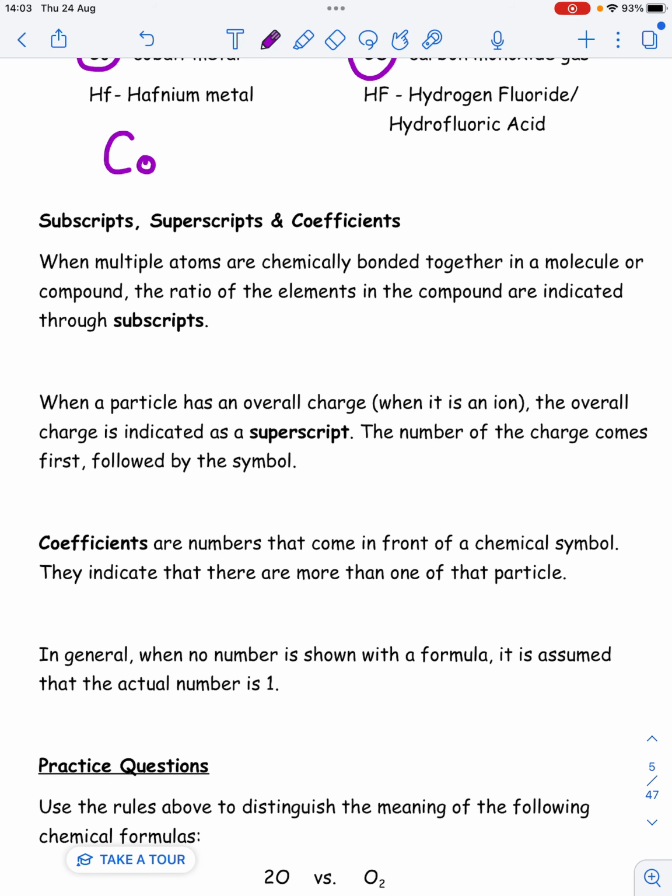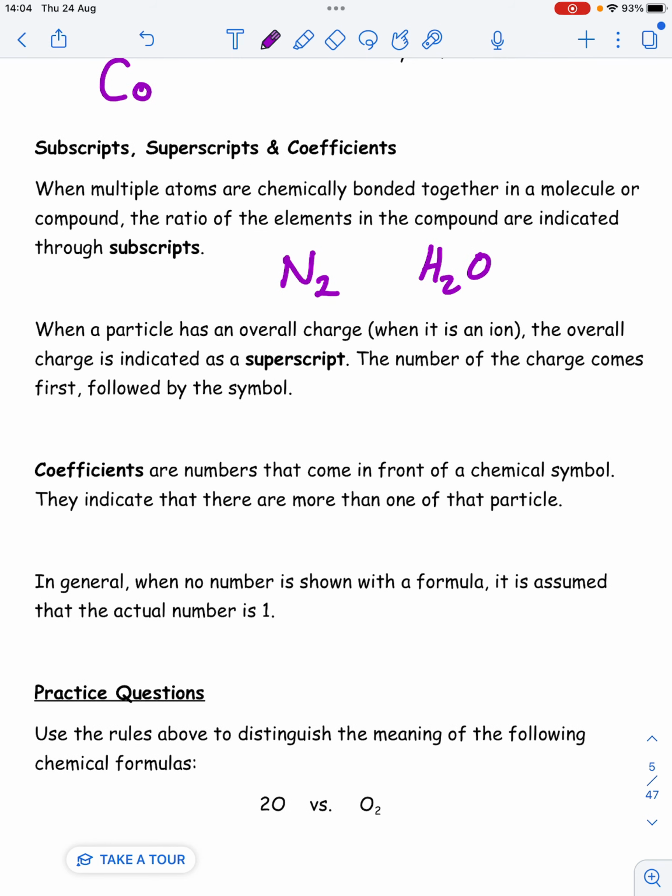If there's more than one thing together, then we're going to use little subscripts like this. So N2, H2O, that means we're dealing with molecules. And those little numbers are telling us how many of each element is in the compound. If there's no number, like here, that means it's a 1.